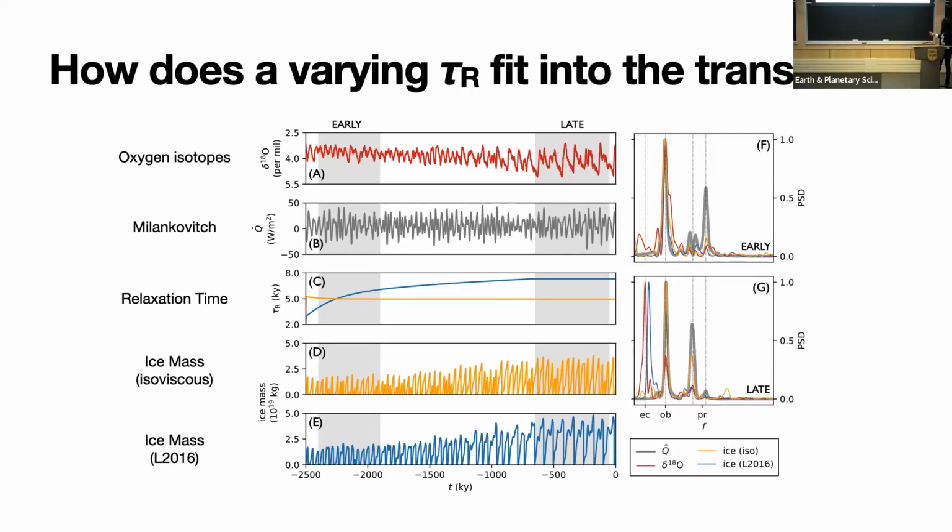But if we move to the late cycles, that isoviscous line, so this yellow line, the peak remains at the obliquity cycle, except that the blue line falls in line with what we see in the oxygen isotope record, and so moves to this kind of low frequency eccentricity cycle.